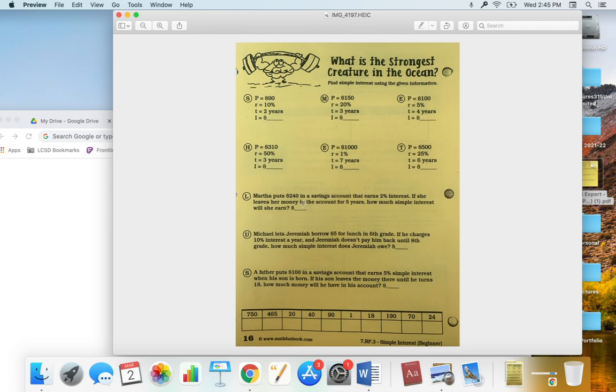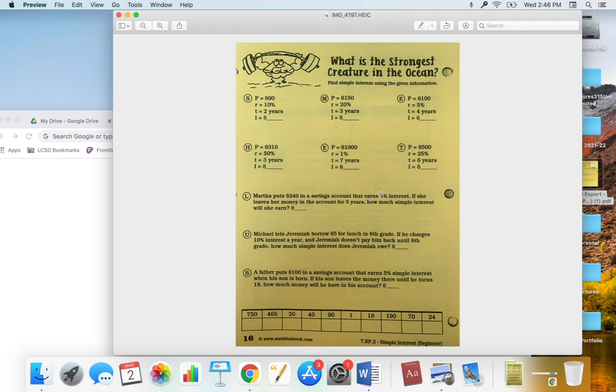The next thing you have to do is set up the formula again. I equals P times R times T. It says Martha puts $240 into a savings account. That would be your P, your principal, and she earns 2% interest. So that is going to be your rate.